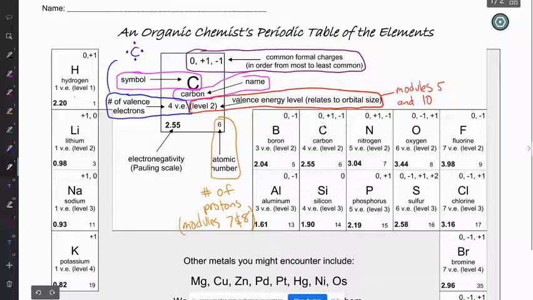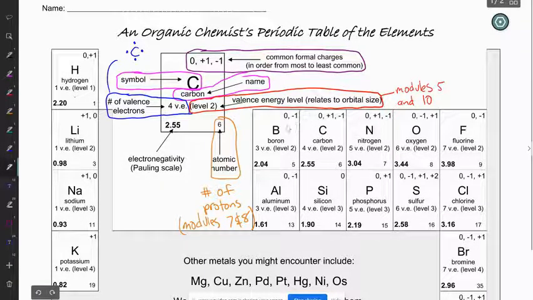Most of the time your formal charges will be 0, +1, or -1, depending on the element. And so that can be helpful as you're drawing structures to check yourself and say, well, is this a formal charge that should be expected? And like I said, each of those is listed in order from most to least common.